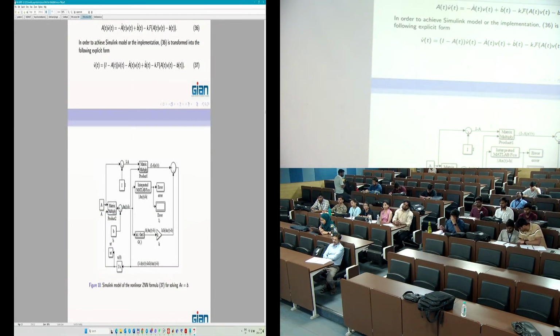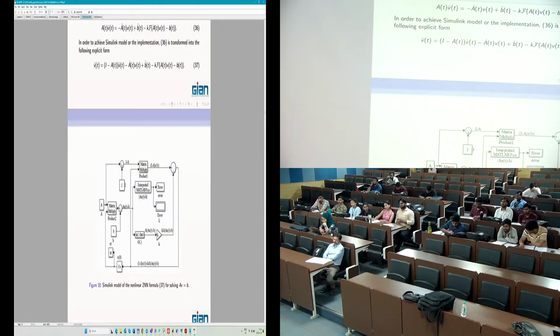This model is useful in solving matrix equations and even in solving a system of matrix equations. When we apply the Kronecker product and vectorization, we will obtain as a result a system of linear equations.